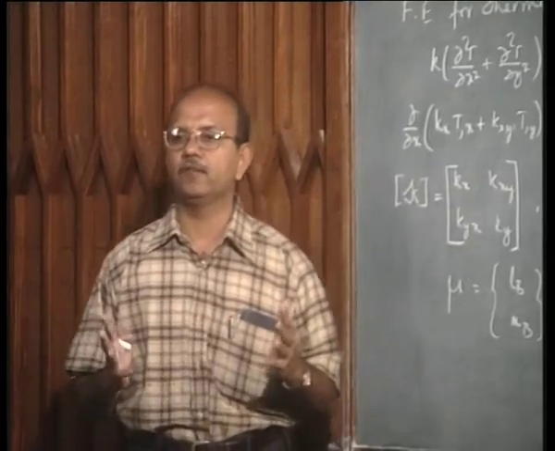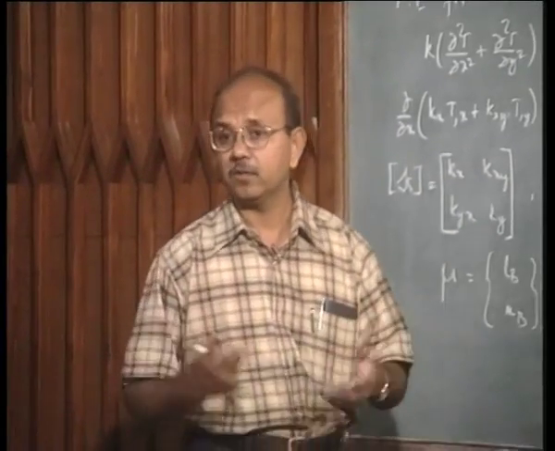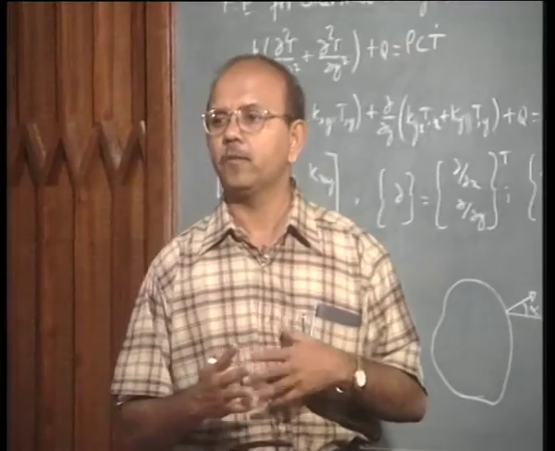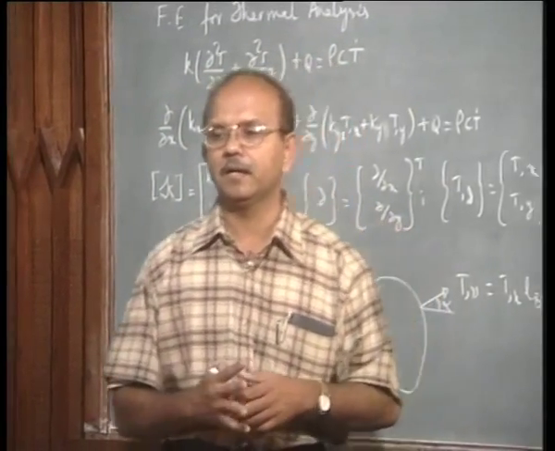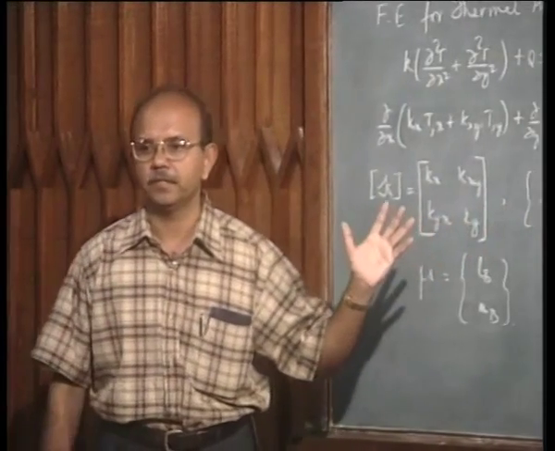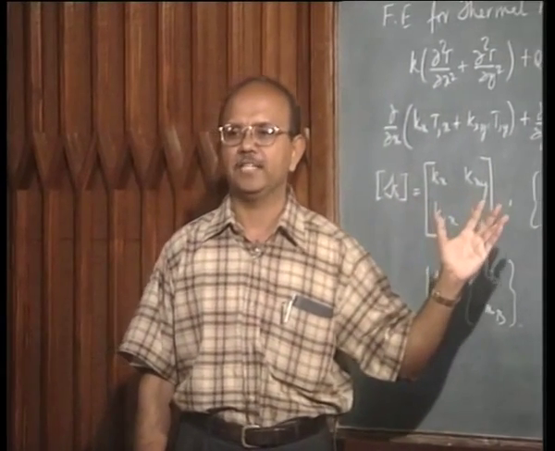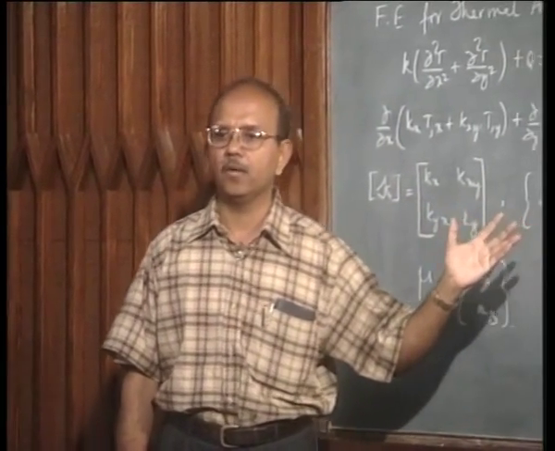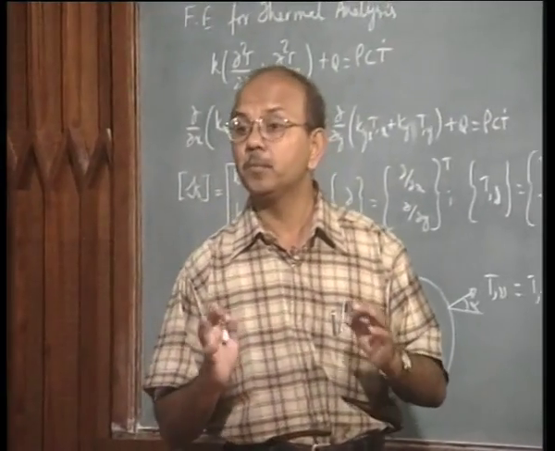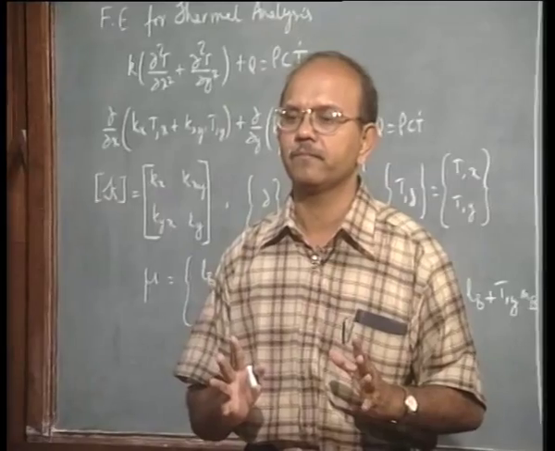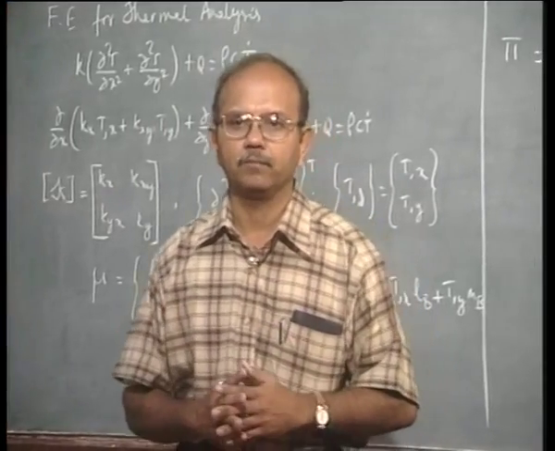You can in fact say that K may not be a constant, K may vary from one direction to the other. K can be looked at like a tensor with Kx, Kxy, Kyx and Ky, and you can also look at K to have what are called principal directions, K1 and K2.